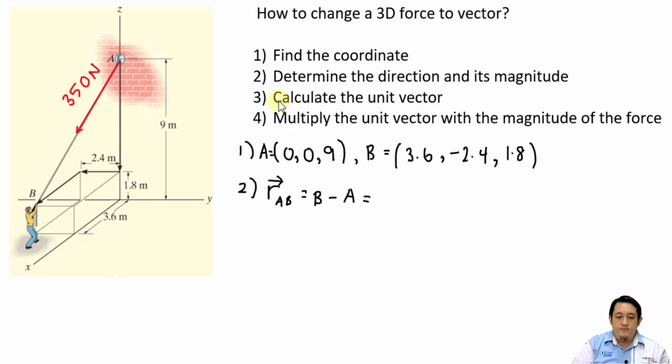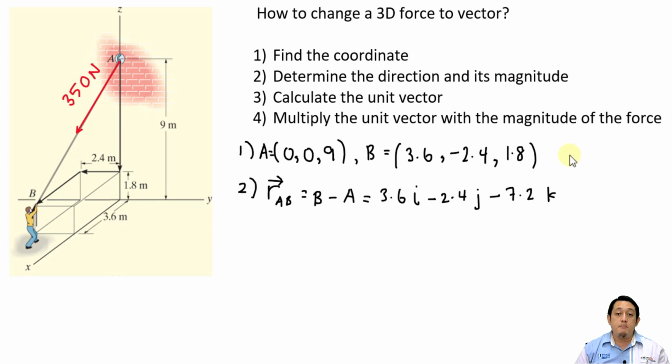So we get 3.6 I, negative 2.4 J, and negative 7.2 K. This is the direction of A to B.